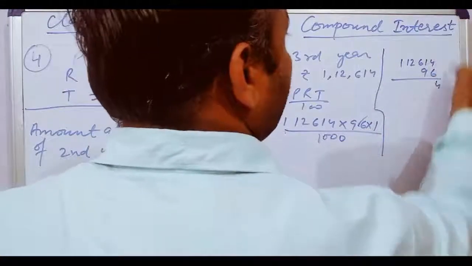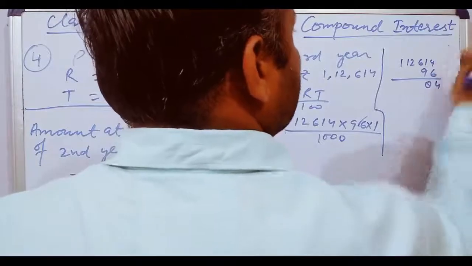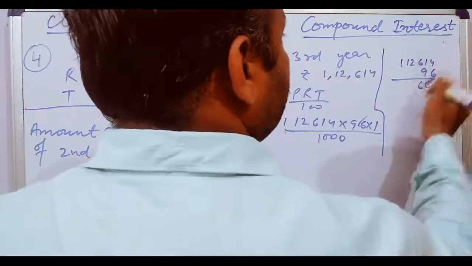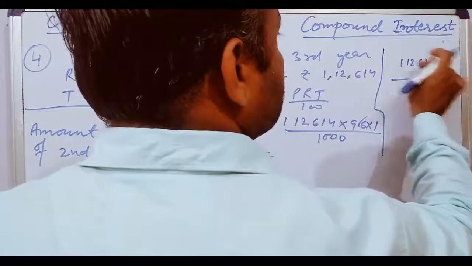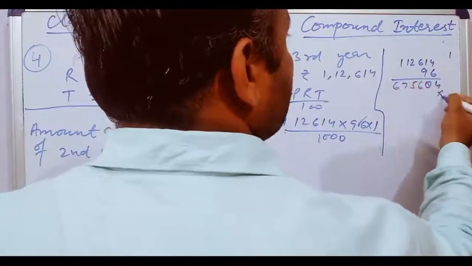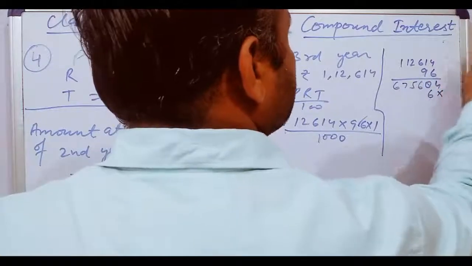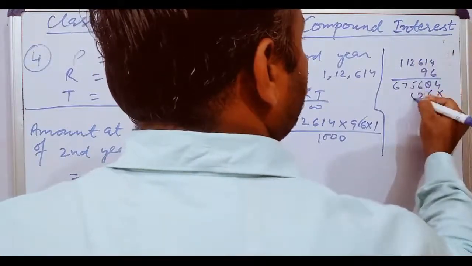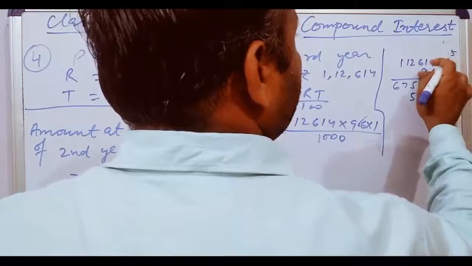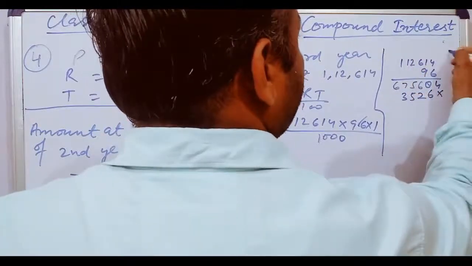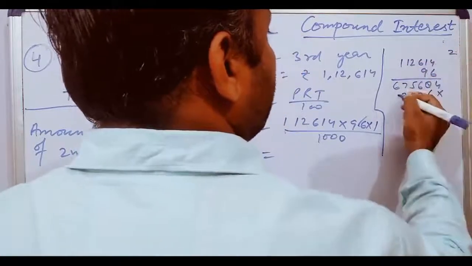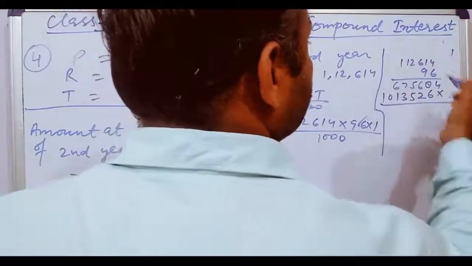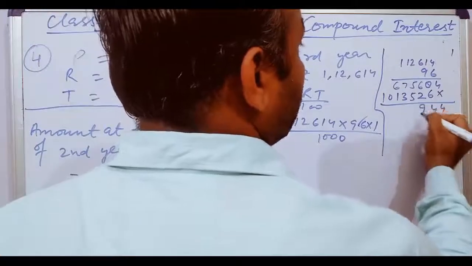Multiplying by 96: 6 4s are 24, 6 1s are 6, 6 6s are 36, carry 3, 6 2s are 12, 15, carry 1, 6 1s are 6, 7, 6 1s are 6. Then 9 4s are 36, carry 3, 9 1s are 9, 12, 9 6s are 54, 55, 9 2s are 18, 23, 9 1s are 9, 11, 9 1s are 9, 10.